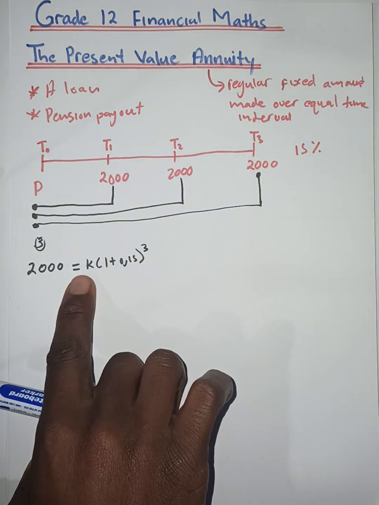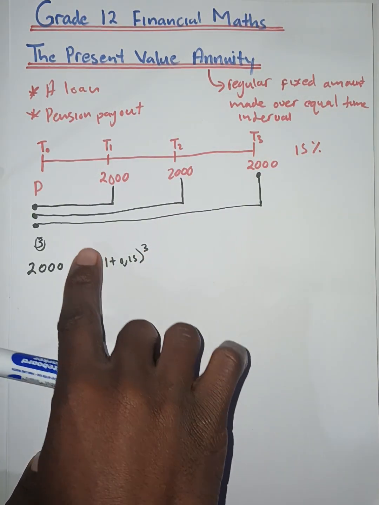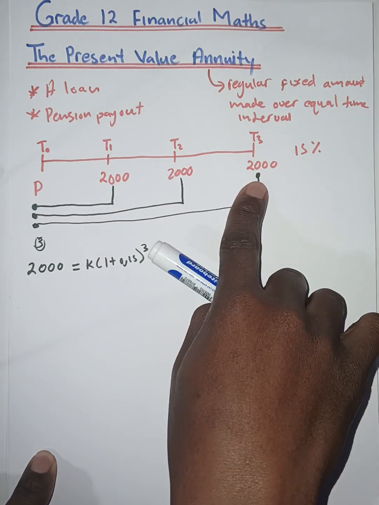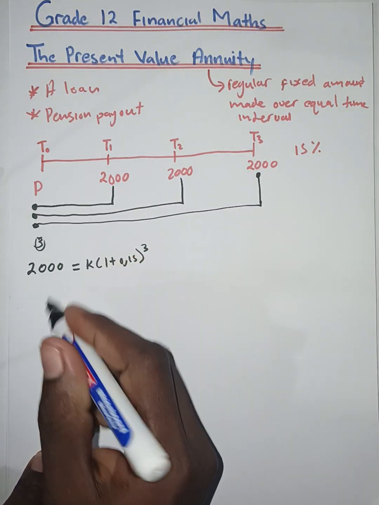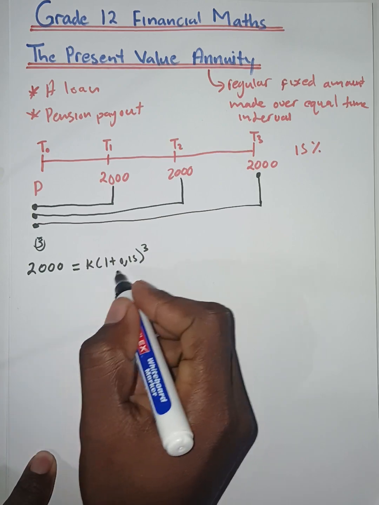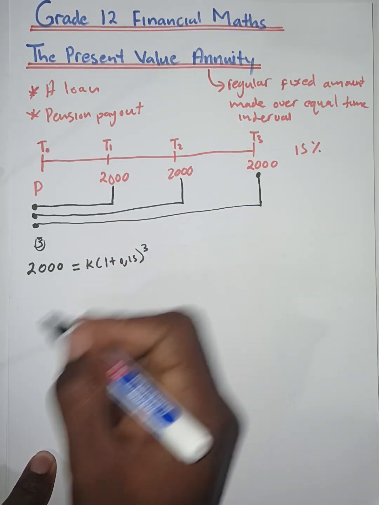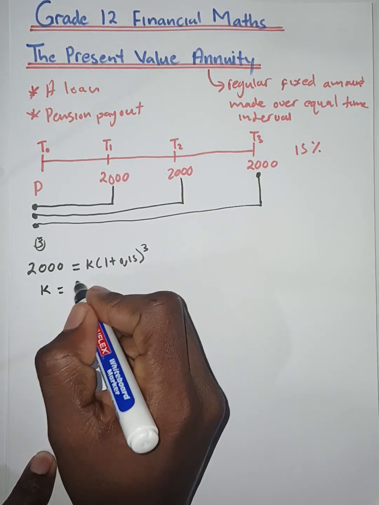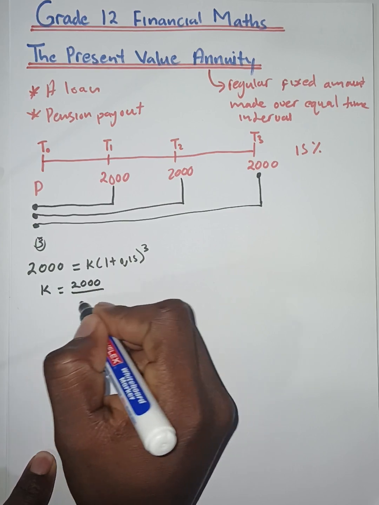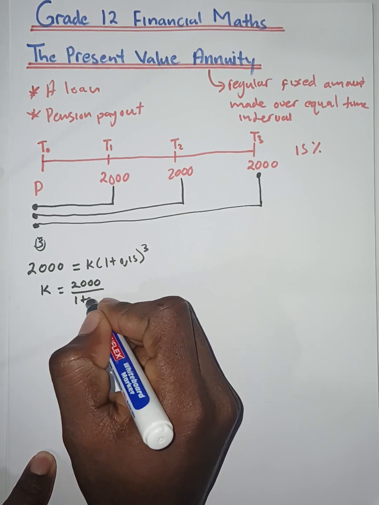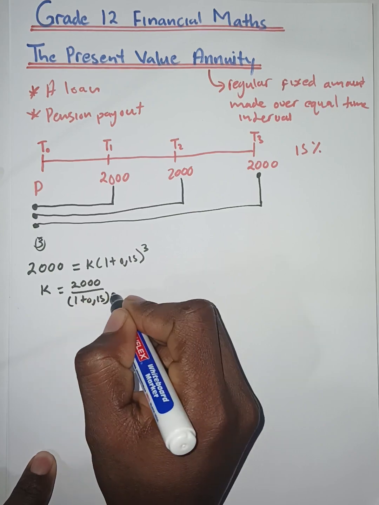To find the amount that I actually deposited into the account to get 2,000 at the end of 3 years, I need to divide by this bracket. So K would be 2,000 divided by (1 + 0.15) to the power 3.